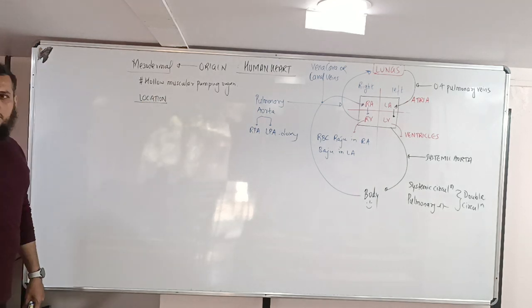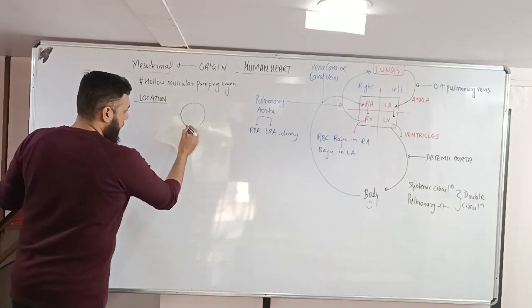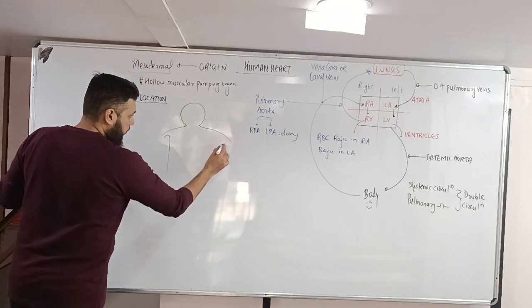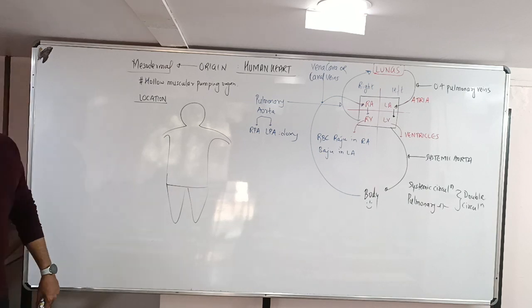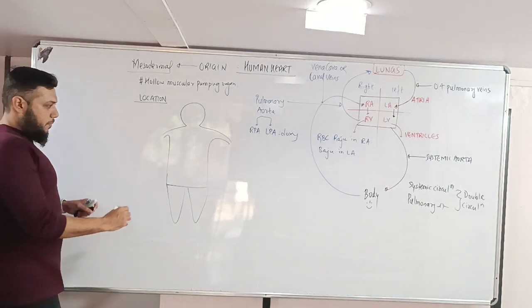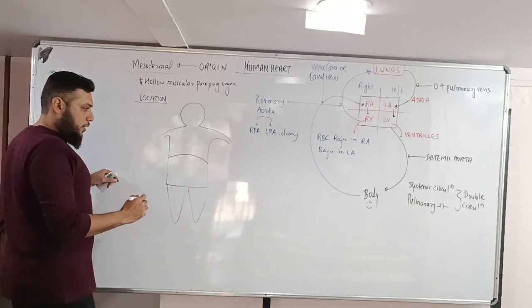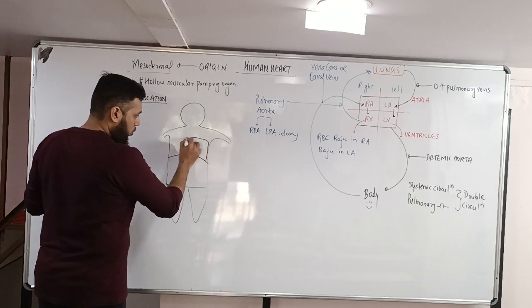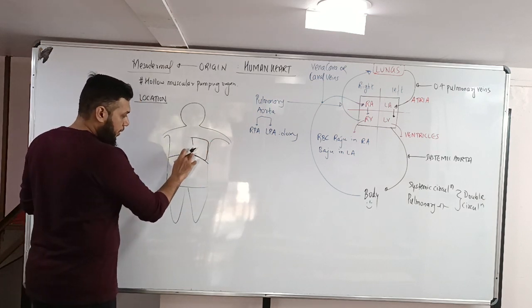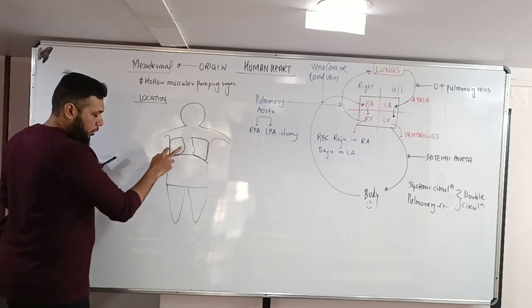What is the location of the human heart? Let me teach that. See. Do you see this tissue? What is this tissue called? Diaphragm. And do you see this organ? Lungs.